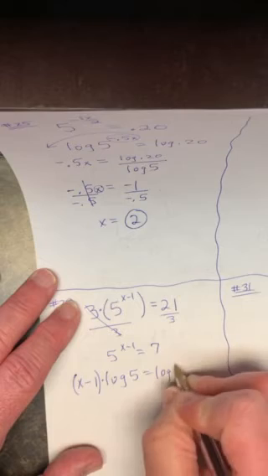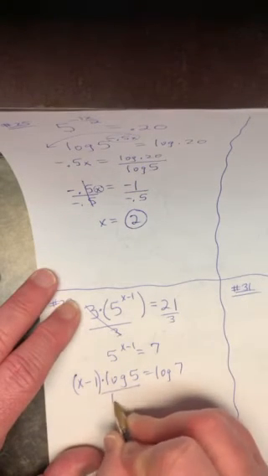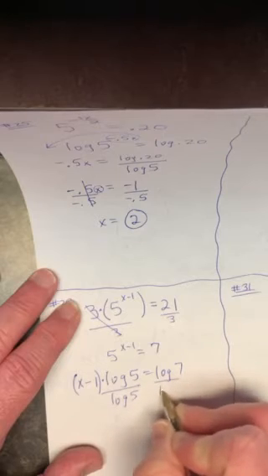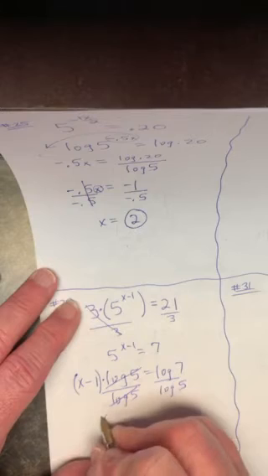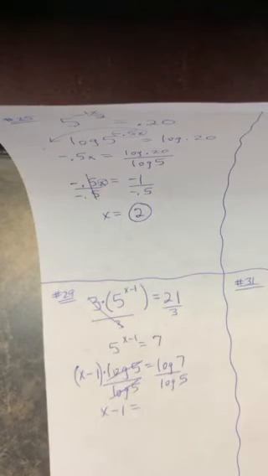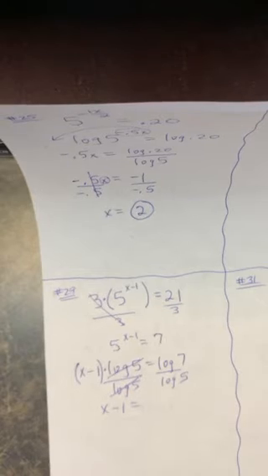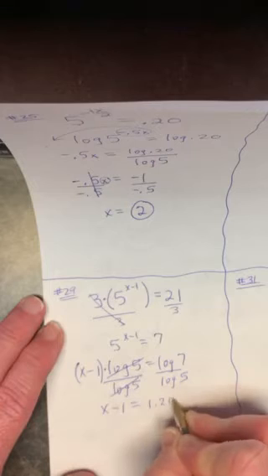Equals log 7. Because that is a dot connection, I can still divide by the log of 5. Those cancel. I have x minus 1 equals, go to my calculator, log 7, enter, divided by log 5, enter. I'm getting 1.209.